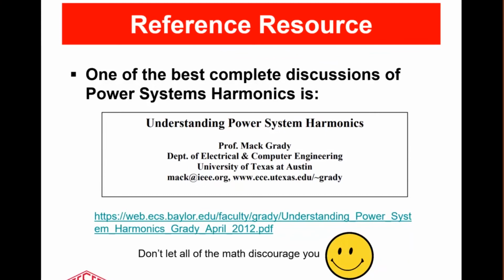Well, there are two kinds of areas that get affected. So let's talk about the one that most people consider the most important, and that's basically system losses. When you have a highly harmonic load, there is dramatically increased heat dissipation and loss in both your transformers and your lines.